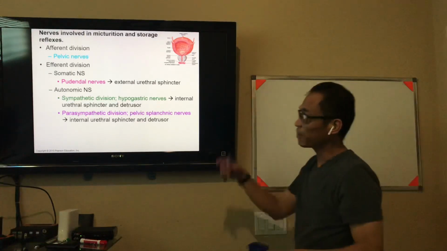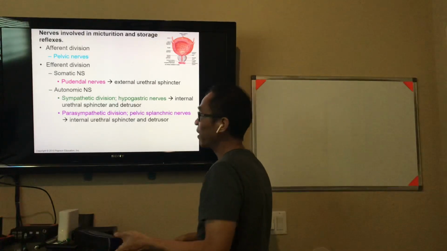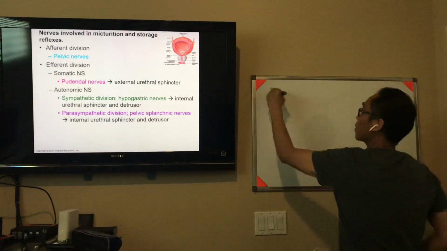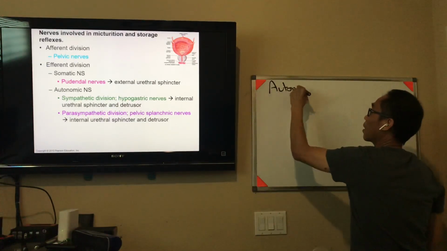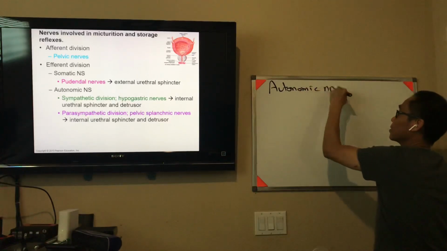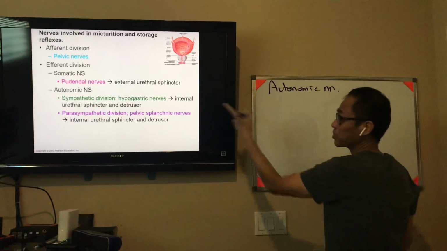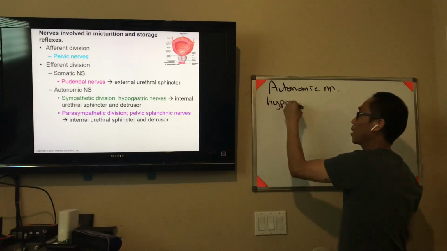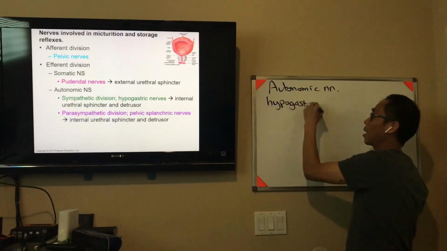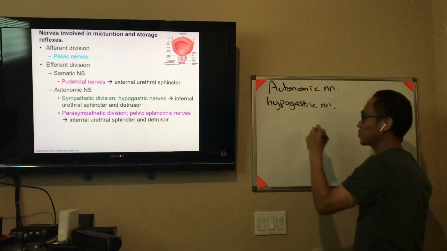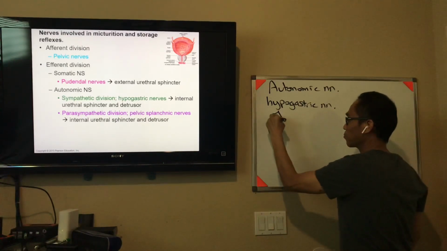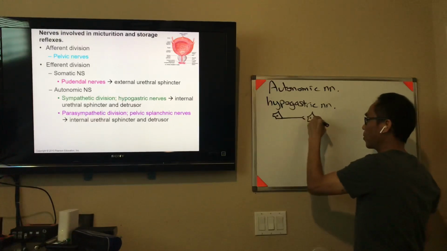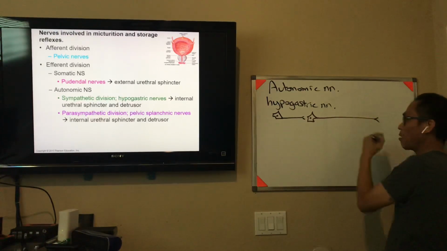Continuing on with our outline for the autonomic nervous system, we have two divisions, sympathetic, parasympathetic. So for our autonomic nerves, hypogastric for the sympathetic division. For sympathetic, the first preganglionic one is a little bit shorter, synapses to the postganglionic one whose axon is longer.